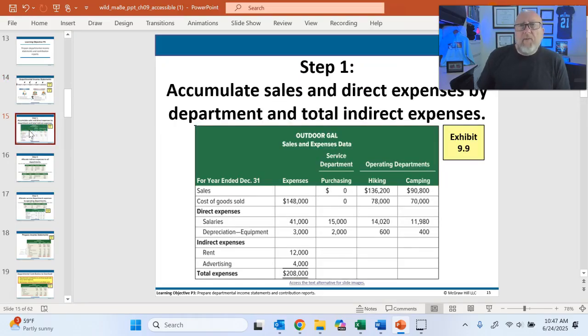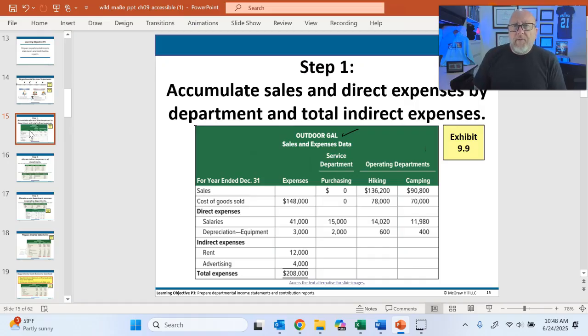First step really is dealing with the direct expenses. And so in our particular example, the company is, I guess it's Outdoor Gal, and we have three divisions. We have the service department where we do all the purchasing, okay?